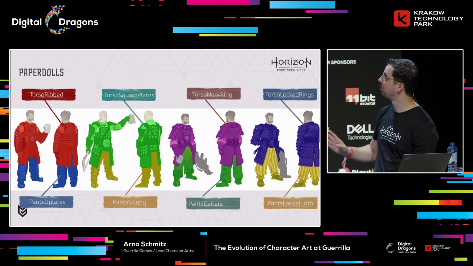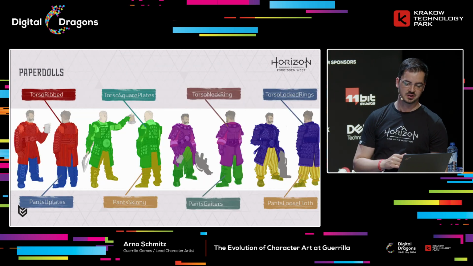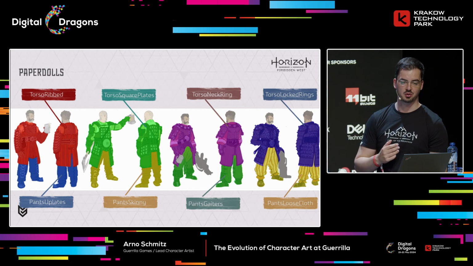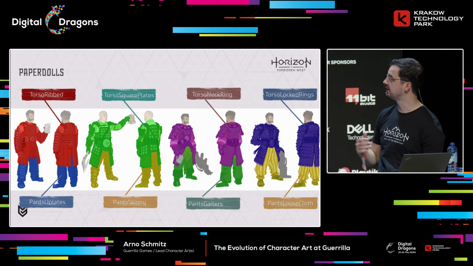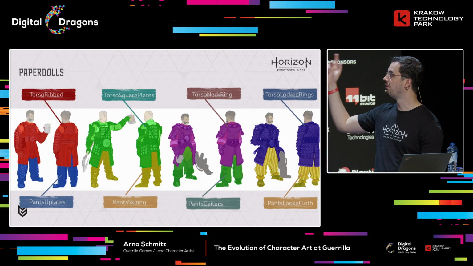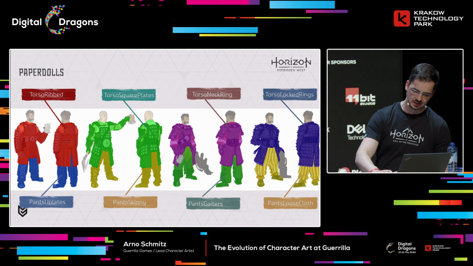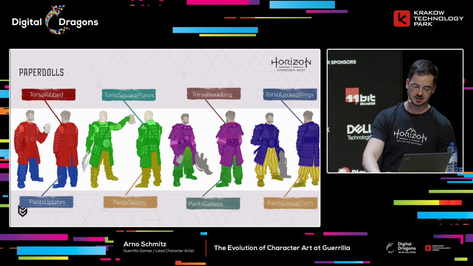That's why for Forbidden West, we decided to go with a lot bigger, more distinct components, but a lot less of them. So in this Osram lineup, we just have 4 tops and 4 pants, but they're all more distinct. And this led to better performance because there's less draw calls, there's just fewer components.